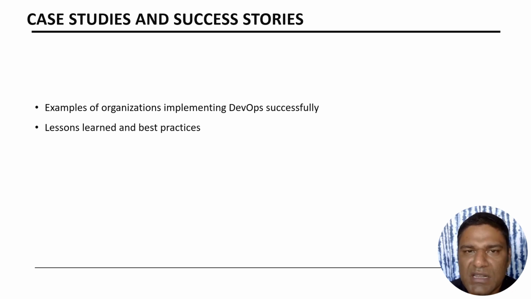It is not mandatory that we use the strategy we learned in the case studies. We have to use our own. It is also essential to understand the context and challenges faced by each organization and to adapt lessons learned to suit your own unique environment and objectives.